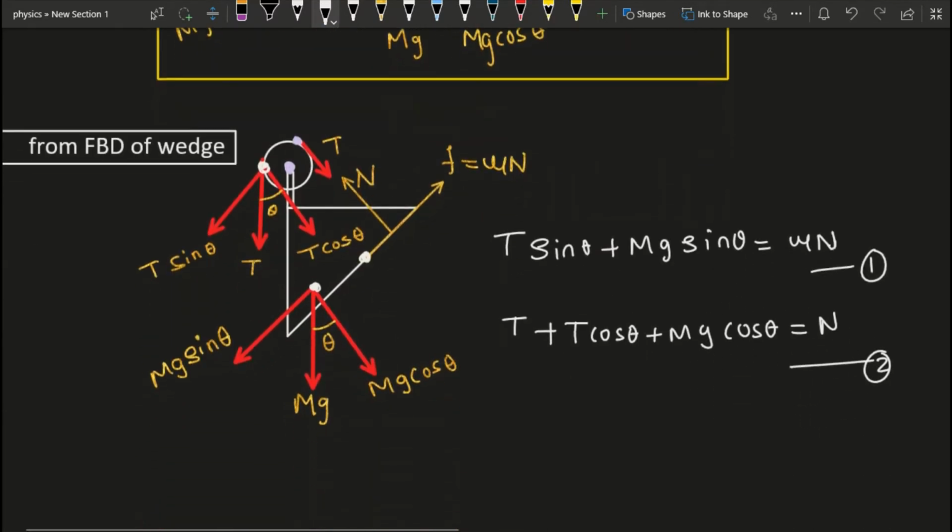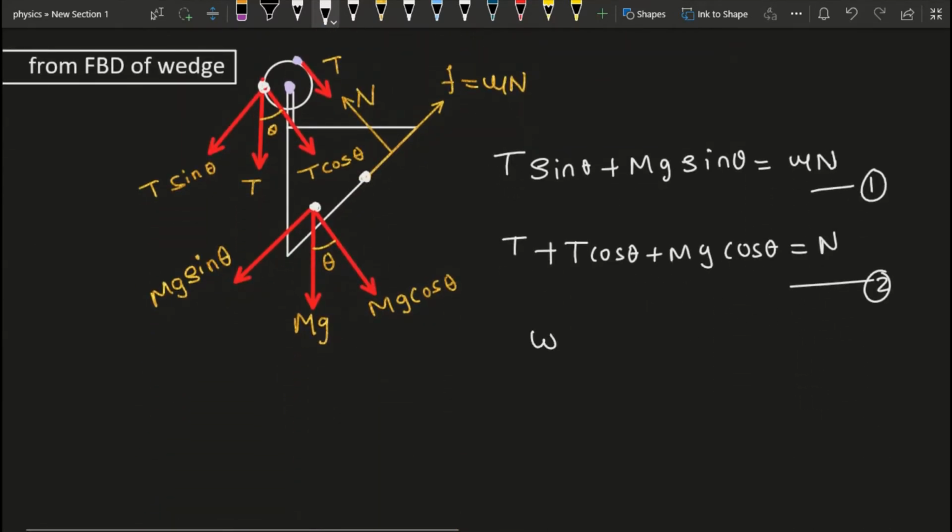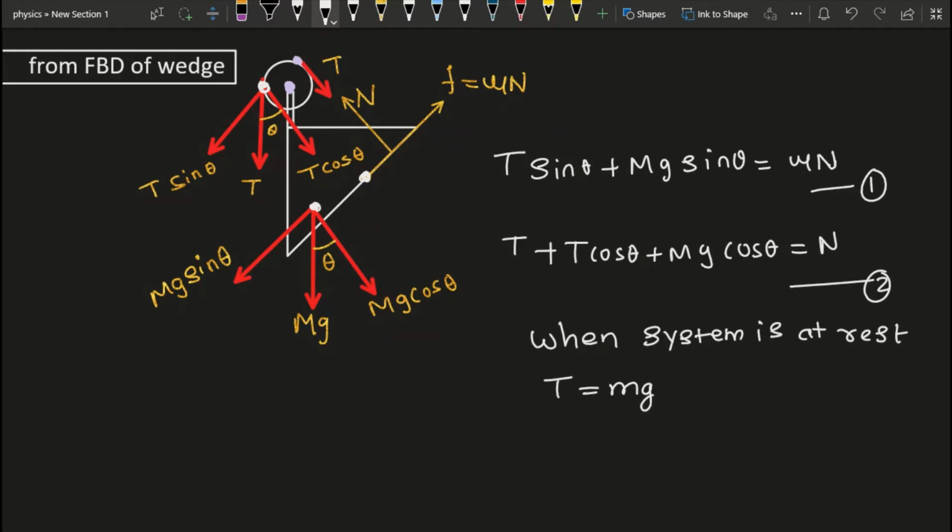When the system is at rest, tension is also equal to small m into g, because it is not moving. The block small m does not move relative to capital M. So this is the situation, and we have this equation 3 also.